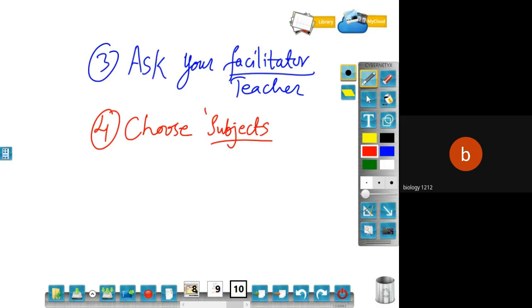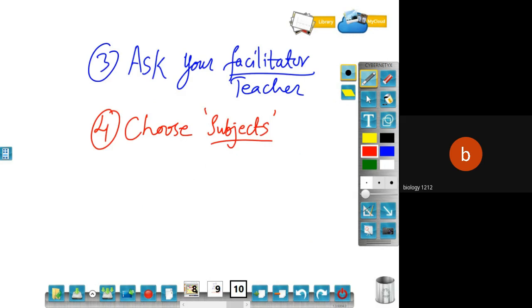Drop that subject and go for something easier, like EVM. Go for physics, accounts, or business. IGCSE provides a lot of subjects. Select according to your school or the facilitators available on your campus. So the fourth point is to choose the subject very carefully. The subject you take in future should be there in the O level.